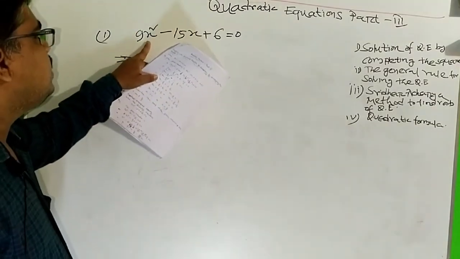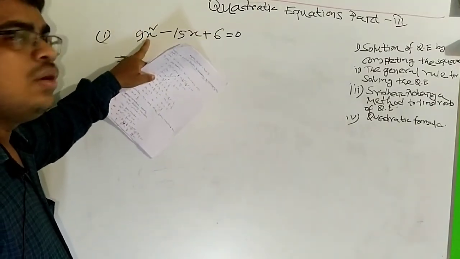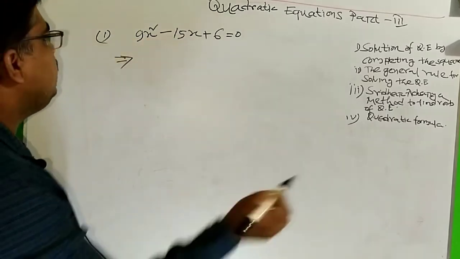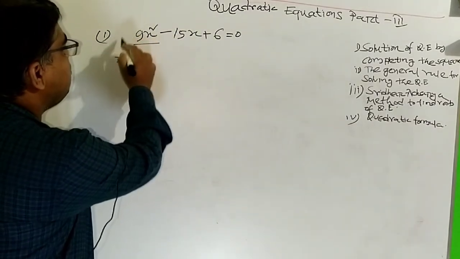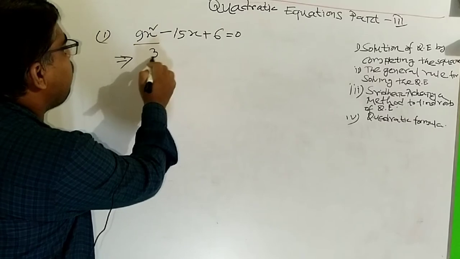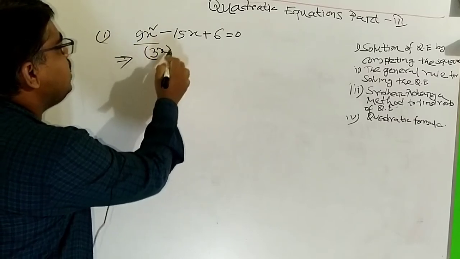you see, 9x square is in a perfect square form, that is 9x square means 3x whole square.